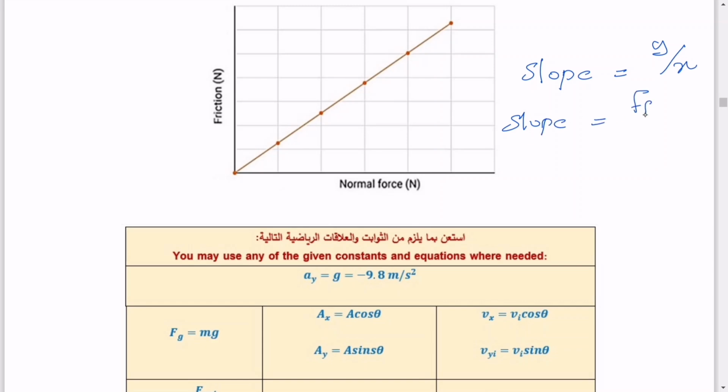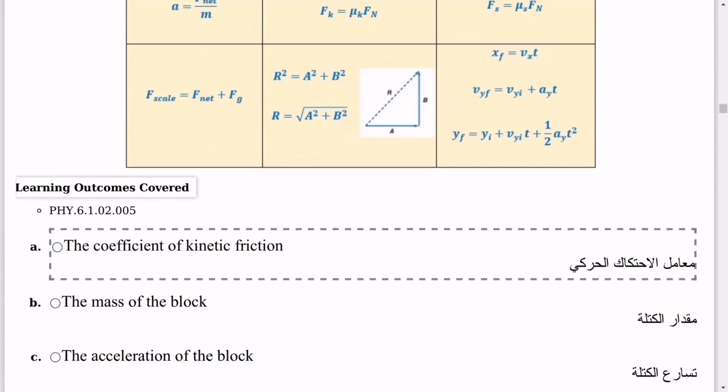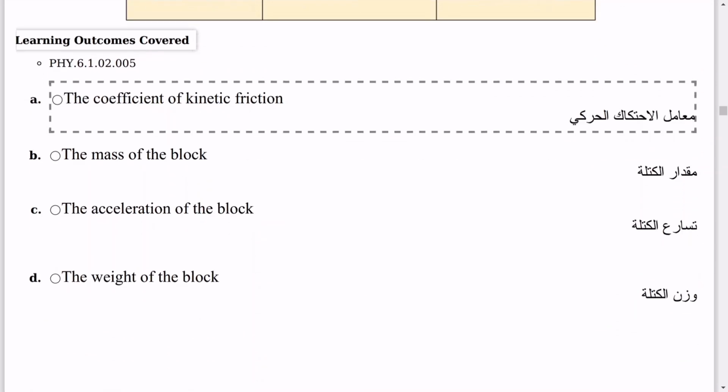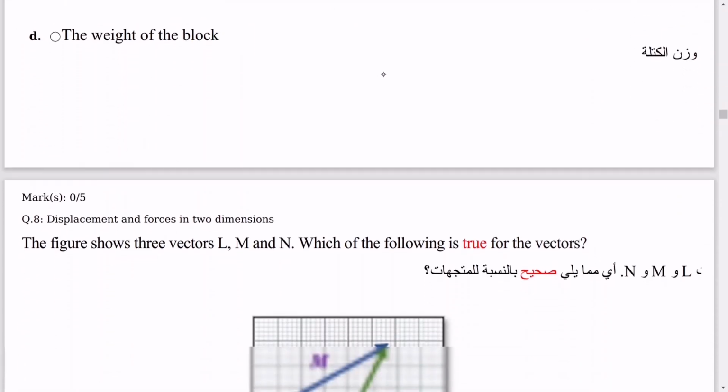On the y-axis is force of friction, and on the x-axis is normal force. So force of friction divided by normal force is called the coefficient of friction. So the slope of the friction against normal force graph will give the coefficient of friction. If the object is moving, then it is the coefficient of kinetic friction. If the object is at rest, it will be the coefficient of static friction.